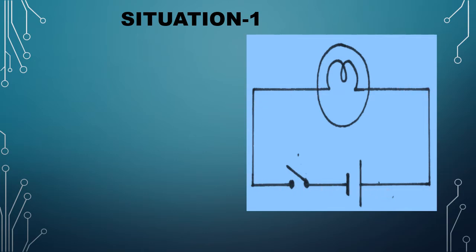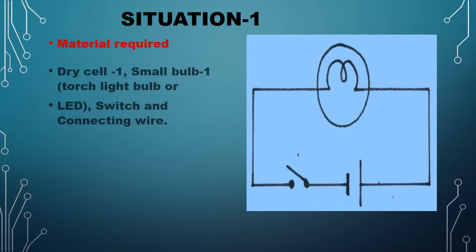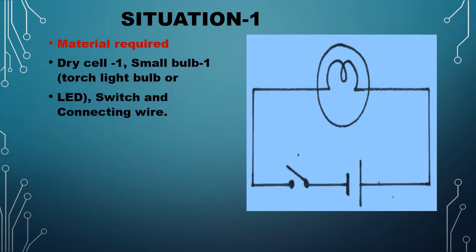Okay, so let us see what materials are required. First of all, you need a dry cell, a bulb, a switch and a connecting wire, isn't it?